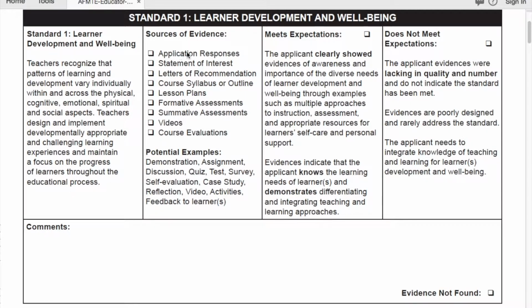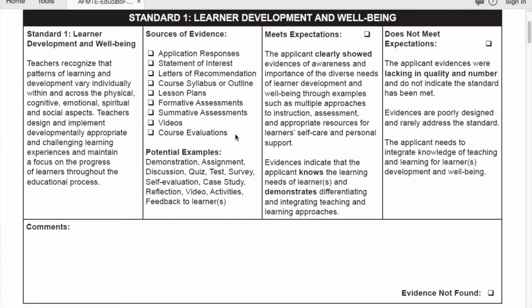Some of those things might be how you answered your application questions, what you said in your statement of interest, what your recommenders said in their letters, what you have in your syllabus, your course outlines, your lesson plans, your assessments, what you do in your videos, what your students said in your course evaluations.